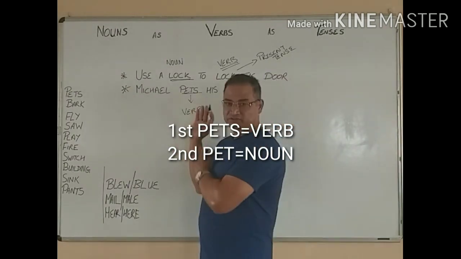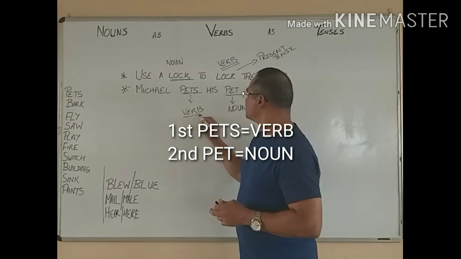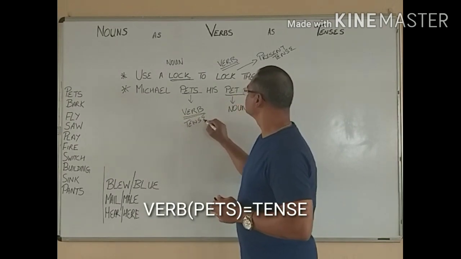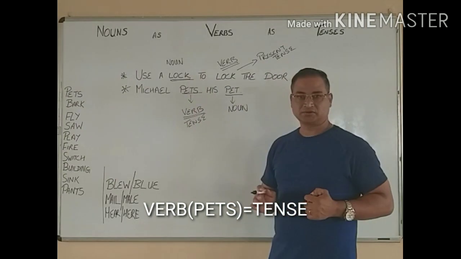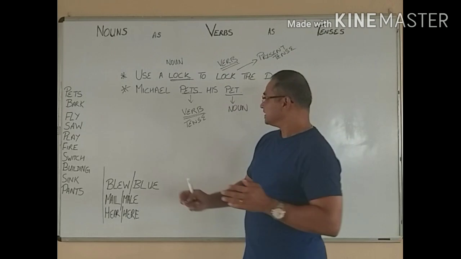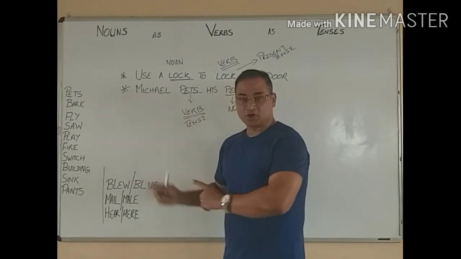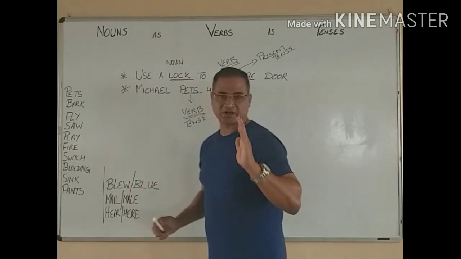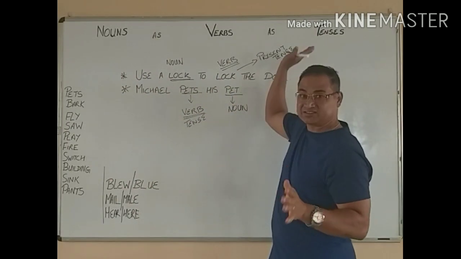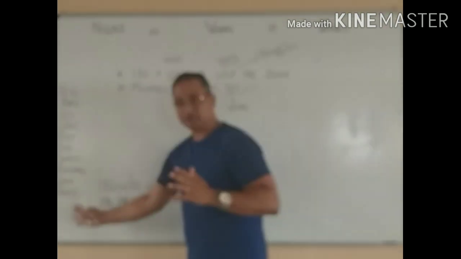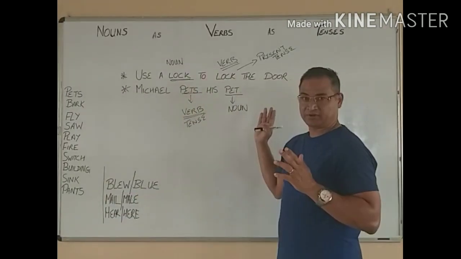You see the difference? And at the same time, this verb is also the tense. It's in the present tense. So I hope you are finding it easy. You understand this. Not all nouns come in as verbs and tenses. Not all. But there are hundreds of them who come in all at the same time.